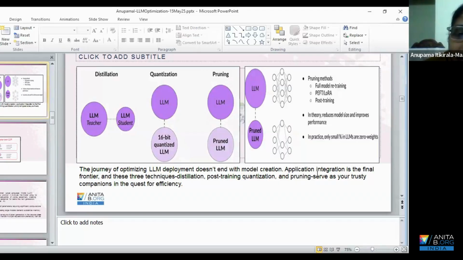And quantization has 16 and 32-bit quantization. There are different techniques that I'll talk about, and pruning is what we see as a pruned LLM. And most interestingly, all this can be written with Python code. I'll just show one example at the end.